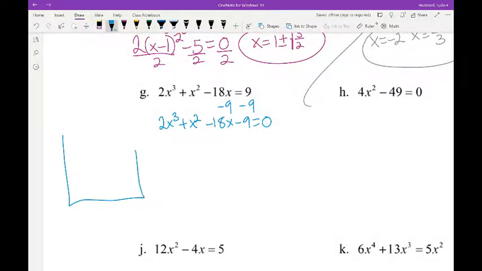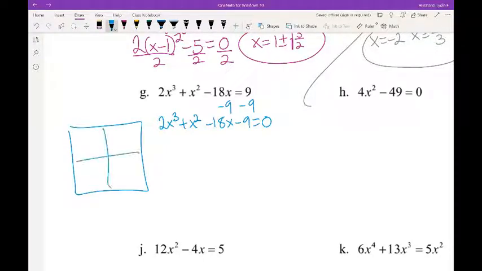So we'll move on to using our box method. Highest degree term in the upper left, so 2x to the third. Lowest degree term in the bottom right, which is negative 9, and we'll just fill in the other 2 boxes with the other 2 terms that we have. Out of the top 2, I can take out an x squared.